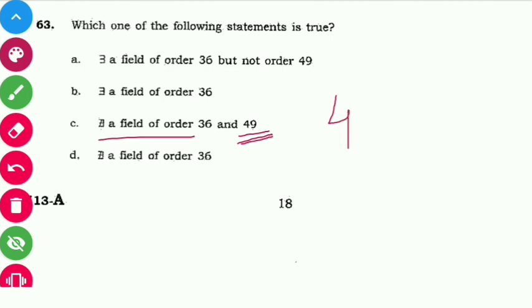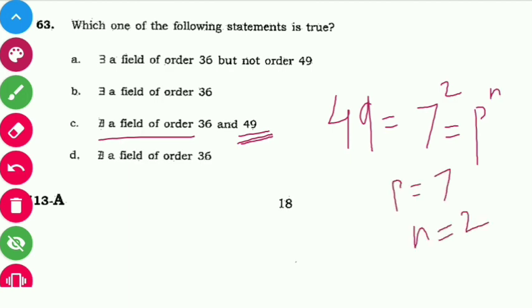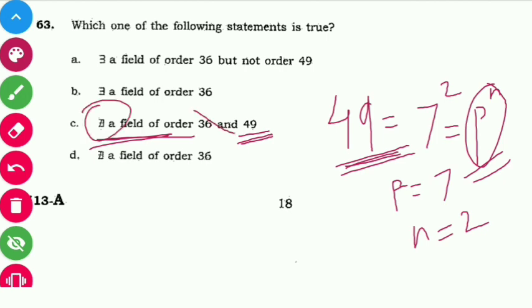But you can write this 49 as 7 square, right? So this is just equal to p raised to n, where this p is 7 and n is 2. राइट. So there exists a field of order 49, क्योंकि हम 49 को ऐसे लिख सकते हैं. So there exists a field of order 49 and this option says that there does not exist. So this is also not true.